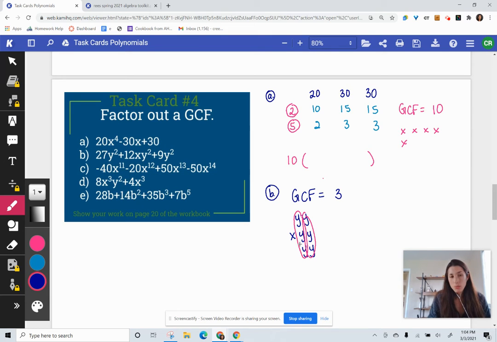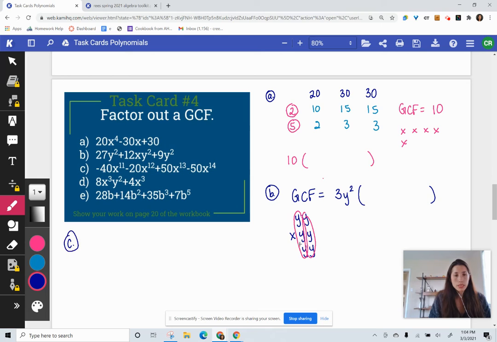The x is not common with all of them. Only one of the terms has an x. So 3y squared would be the greatest common factor. And then you would want to know, what are we multiplying that with to get our original expression? So 27y to the second power divided by 3y to the second power would go here. Or you could also look at it as 3y squared needs to multiply with what to make 27y squared?